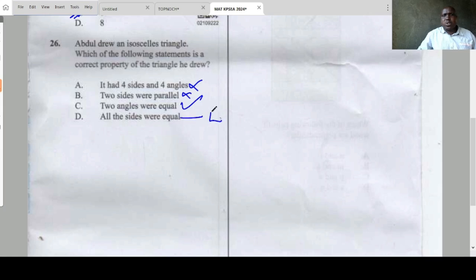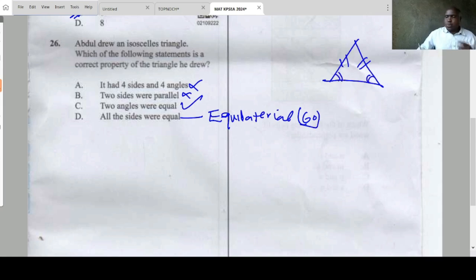All sides equal is called equilateral. Equilateral triangle: all sides are equal and each angle is 60. For the isosceles, it looks like this. These sides are equal and these angles are equal. Two sides are equal and two base angles are equal.